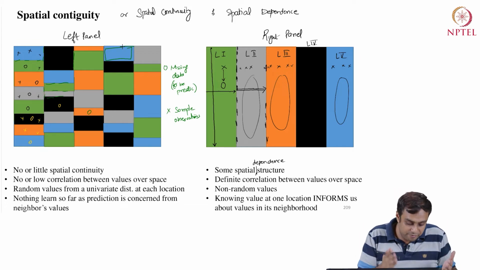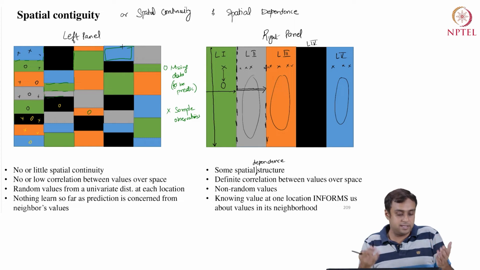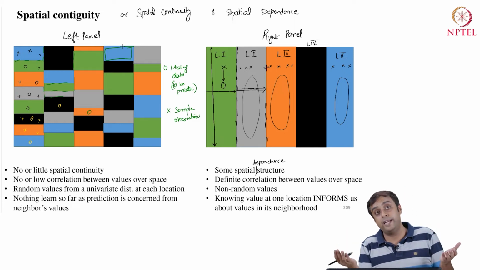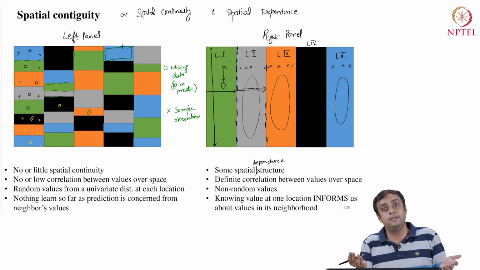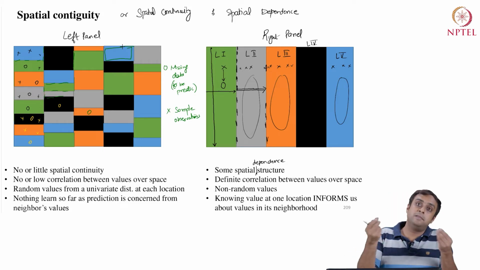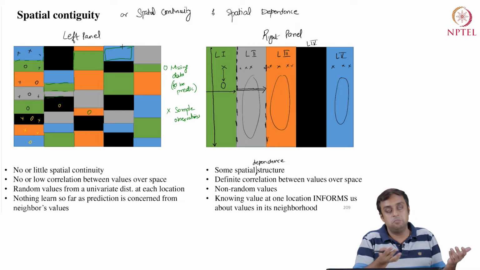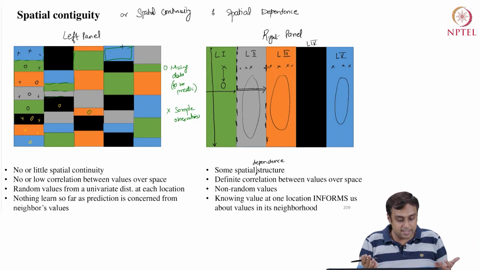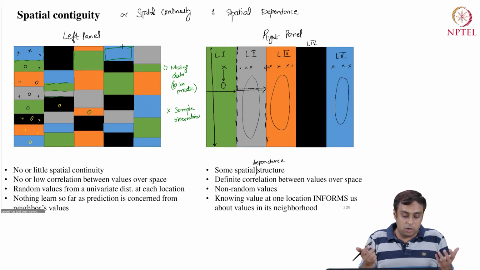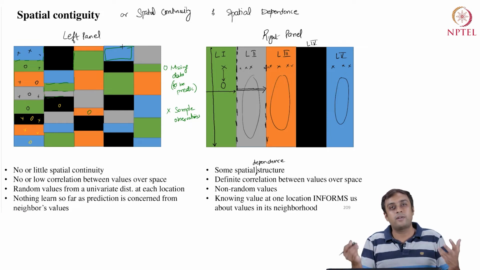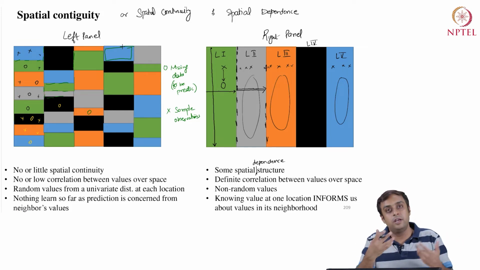So the panel on the left represents a scenario where there is no or little spatial contiguity or spatial continuity. That is, there is little or no correlation in data on the left-hand side across samples in space. You're looking at somehow random values being observed at different locations in space.